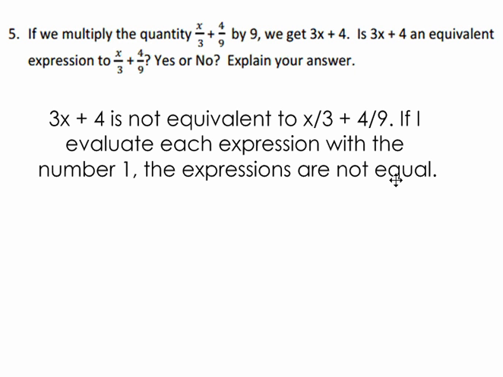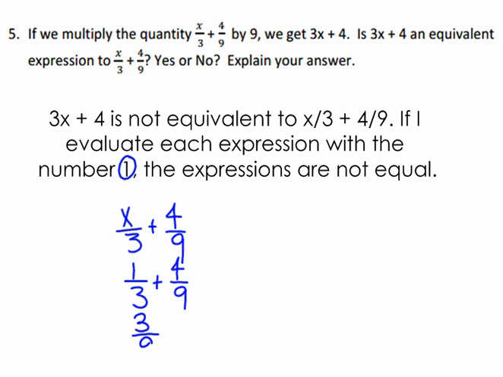So with an explanation, we could also include something about evaluating the expression. So if I use just a really basic number, I'm going to use the number 1, and I'm going to substitute it into each expression to see if they're equal. So x thirds plus 4 ninths would be 1/3 plus 4 ninths. When I get common denominators, that would be 3 ninths plus 4 ninths, which equals 7 ninths.